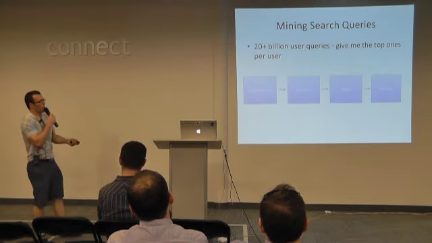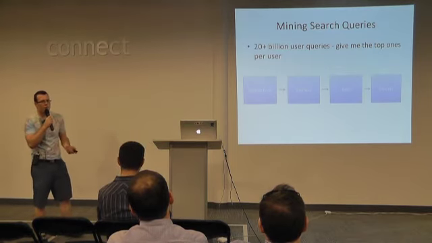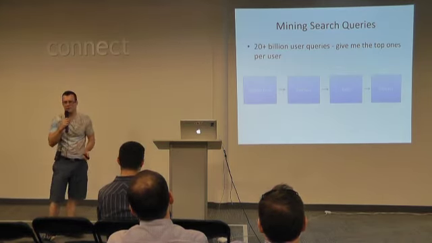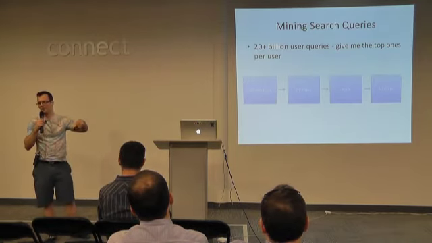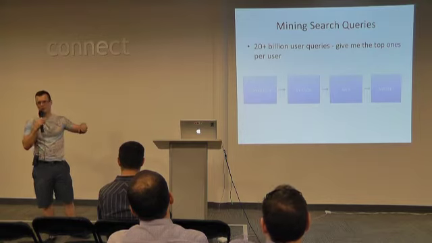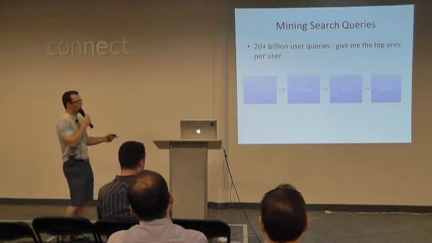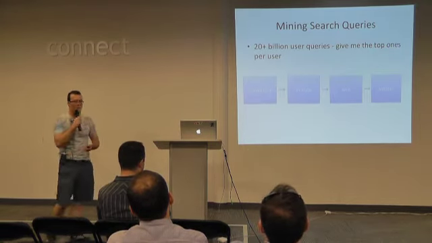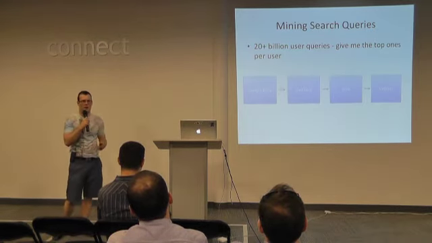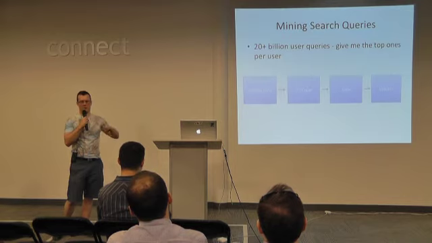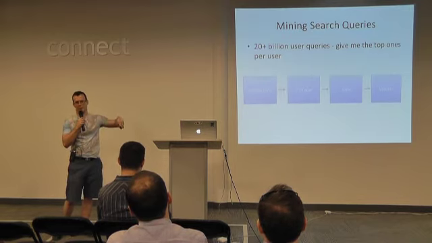So this brings me back to a point. I'm going over 20 billion user queries. If some of them are buggy, how the heck am I going to be able to tell? I can't just attach a debugger to every JVM running in our Hadoop cluster. That wouldn't work. So what you can do is count things. Hadoop gives you an abstraction called counters, and as you see something, you increment.